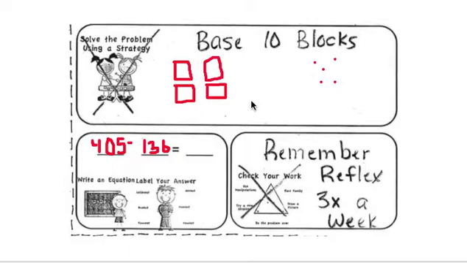Normally, we would trade out a 10 for more ones, but we do not have any tens. So the first thing we have to do is trade out 100 for 10 tens. So cross out 100 and make 10 tens.